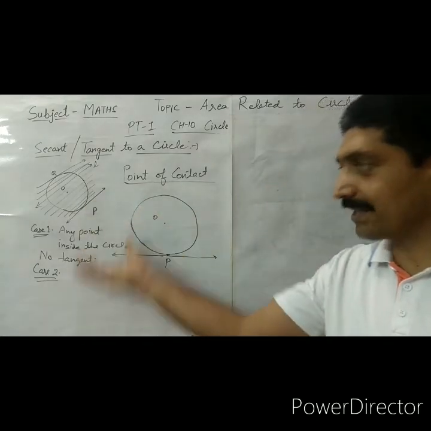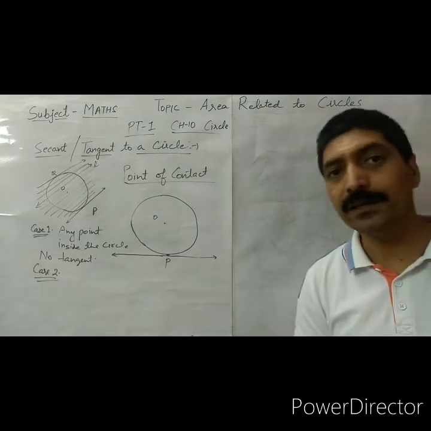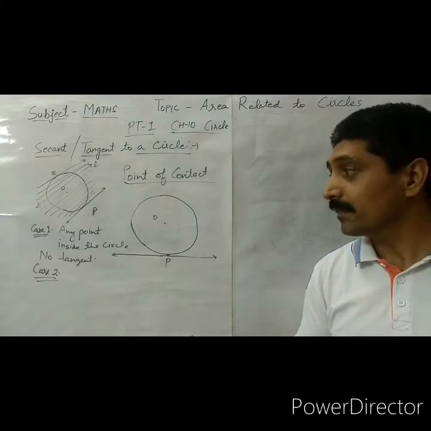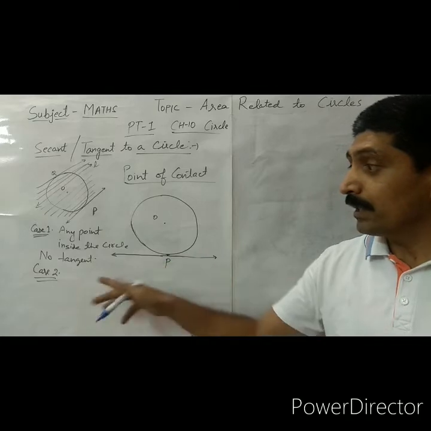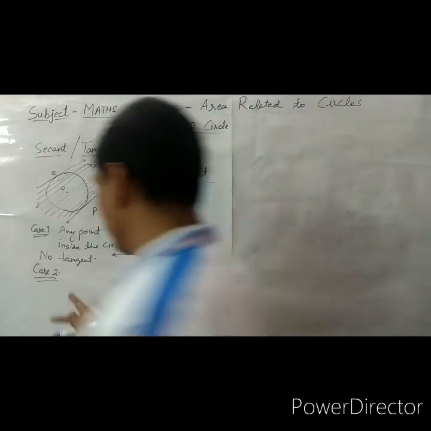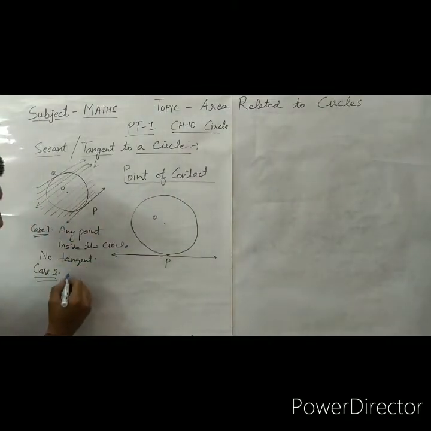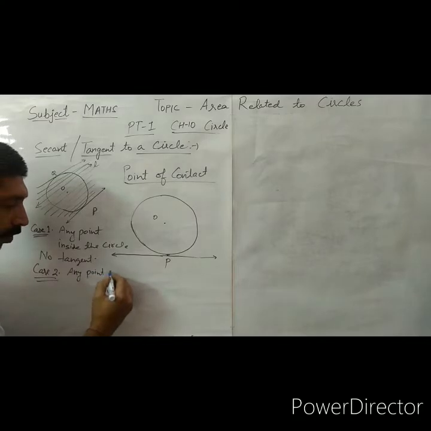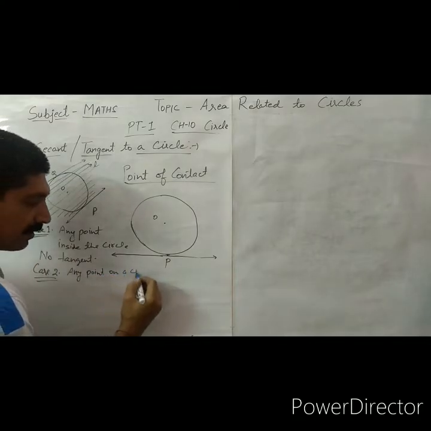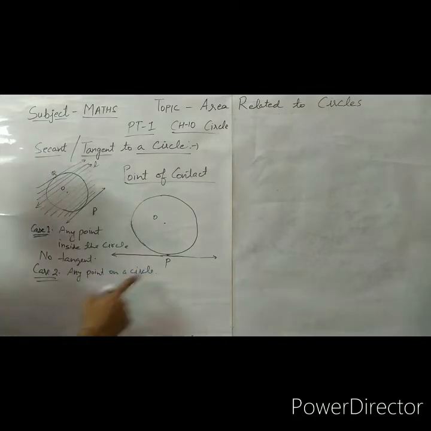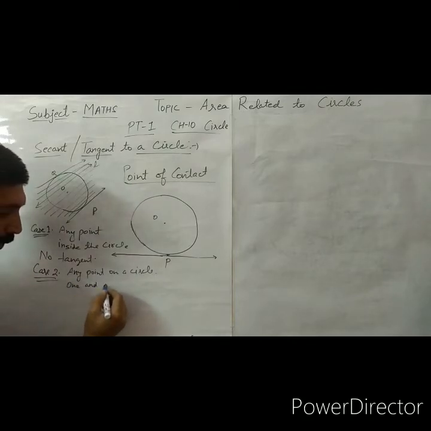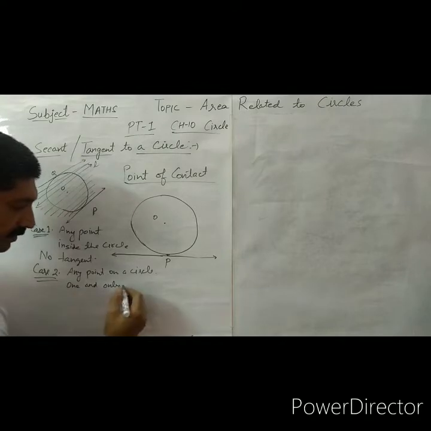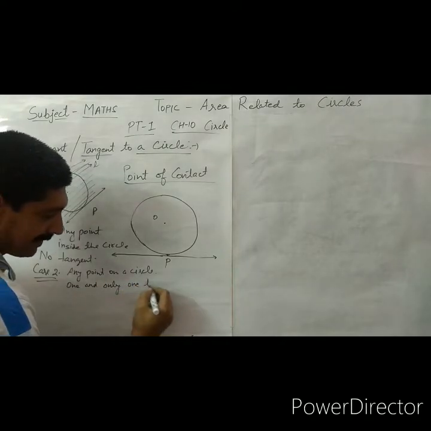We have done the activity also in the chapter. Now the case 2, any point on a circle, there will be one and only one tangent to a circle.